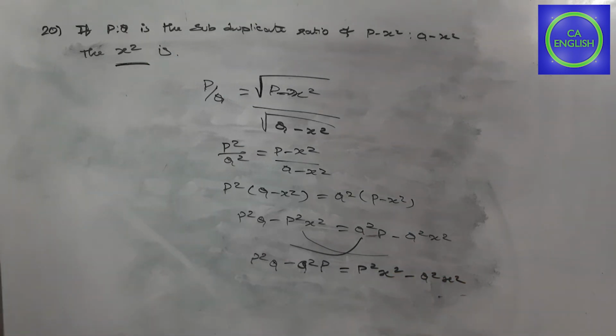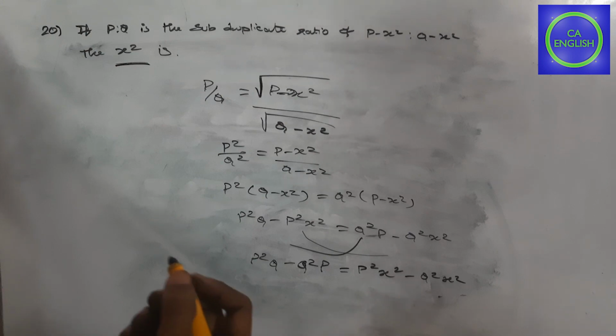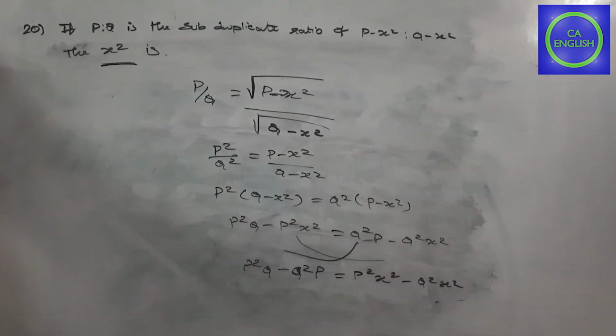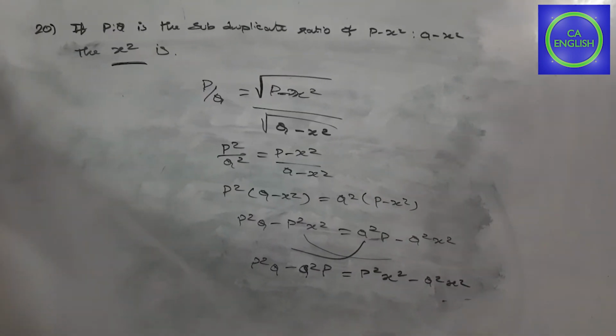Then we can solve this very easily by taking out the common terms. Here p and q are common. If you take p and q outside, inside there will be p minus q. Here x square is common, you can take p square minus q square. You can recall something by seeing this.